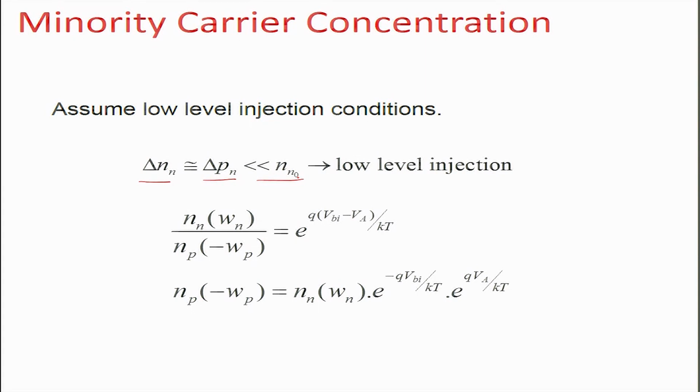So the perturbation in both is similar, but this perturbation in majority carrier concentration is very small, whereas in case of minority carrier concentration, this delta Nn is very small as compared to Nn naught, which means Nn naught is virtually constant, right? However, this delta Pn is nearly comparable to Pn naught. As a result, minority carrier concentration changes.